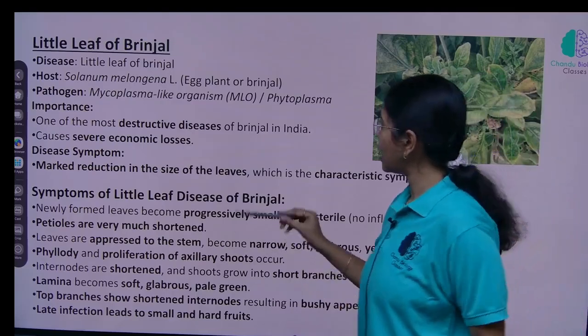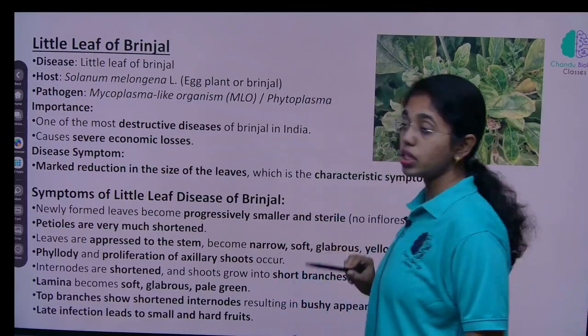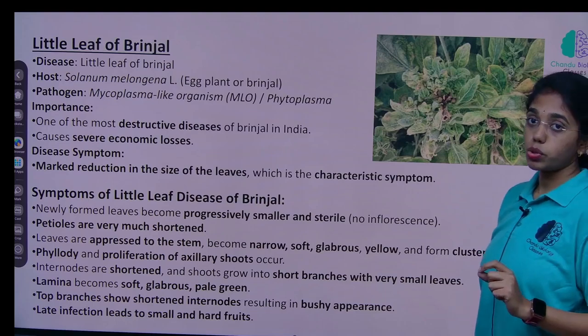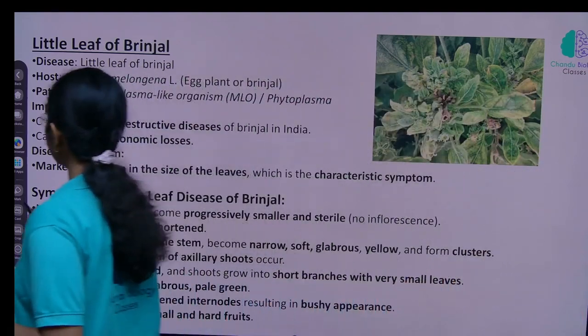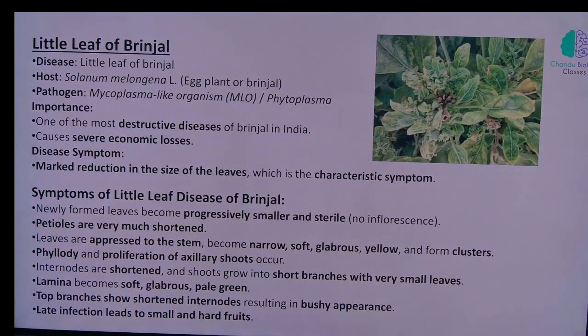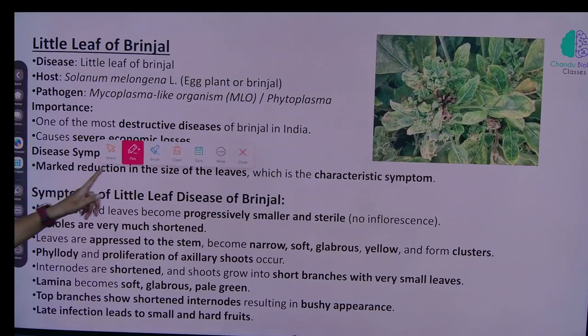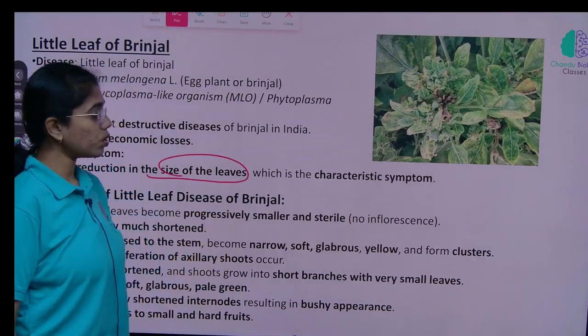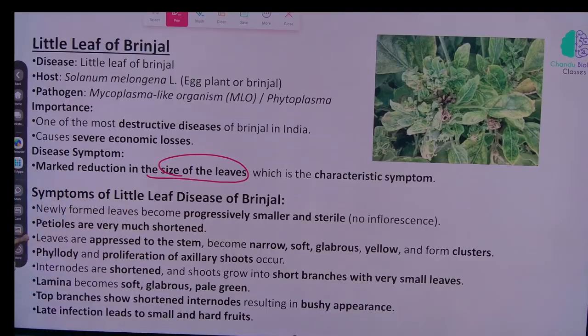Mollicutes-like organisms like phytoplasma cause the disease. Importance: it is one of the major destructive diseases which causes huge economic loss. The major symptom of little leaf of brinjal is a marked reduction in the size of leaves, which is the characteristic symptom.